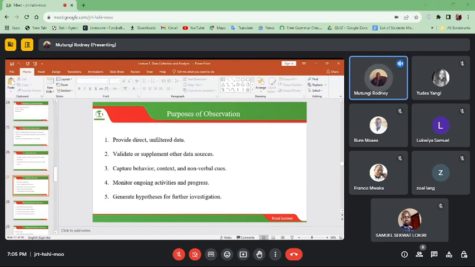So before you even start implementing your program, you can observe some things. Through those observations in health settings, you can see the behavior of these health workers. So you can set a hypothesis and say the health workers have poor attitudes at work.